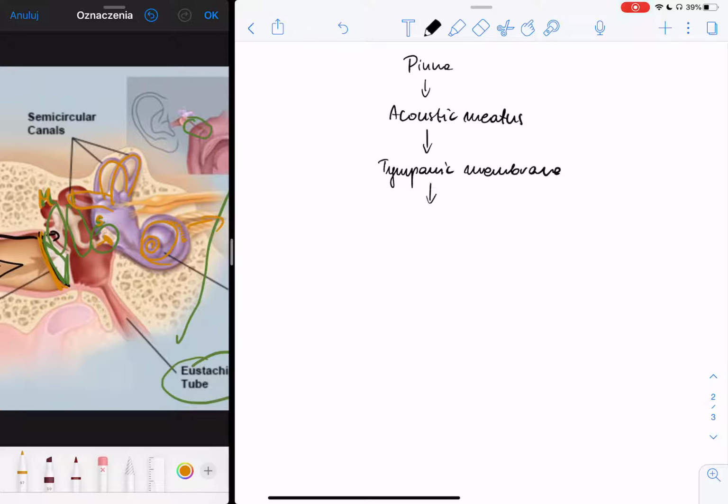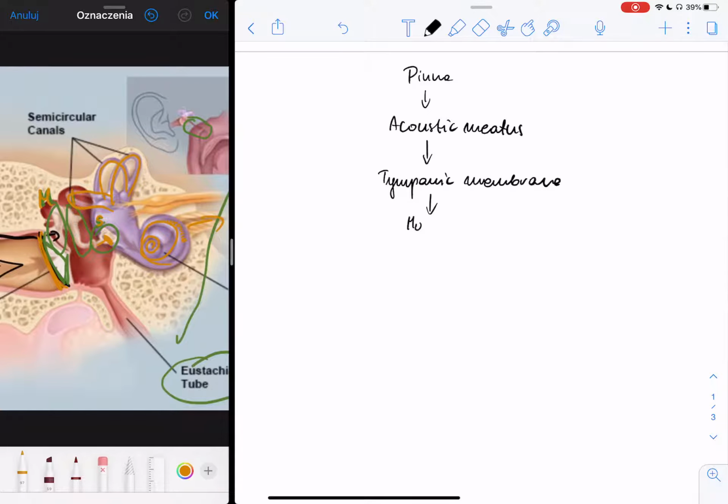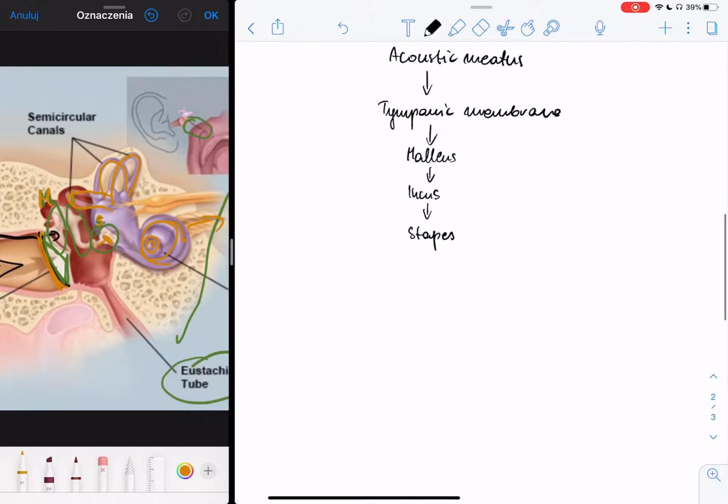Then the tympanic membrane moves, and then it moves malleus. Then it moves incus. Then it moves stapes. Then the stapes is knocking on the cochlea, on the outside of the cochlea. So the fluid in cochlea is moving.